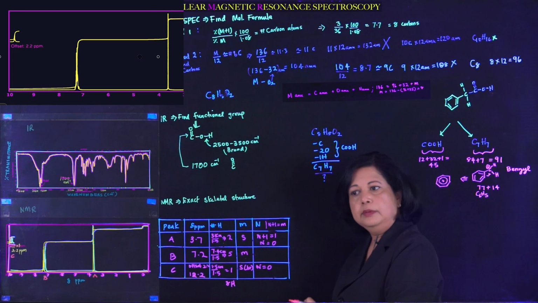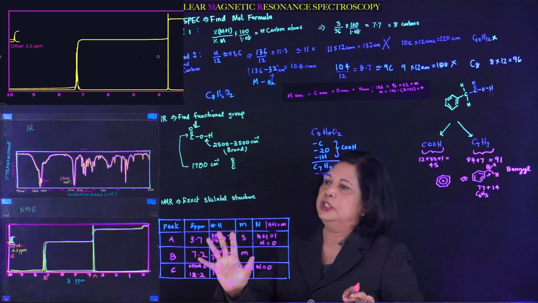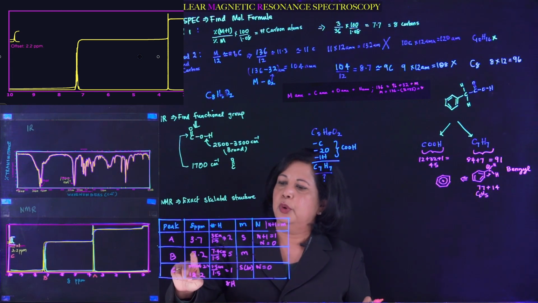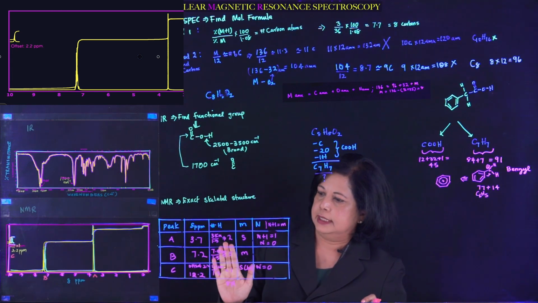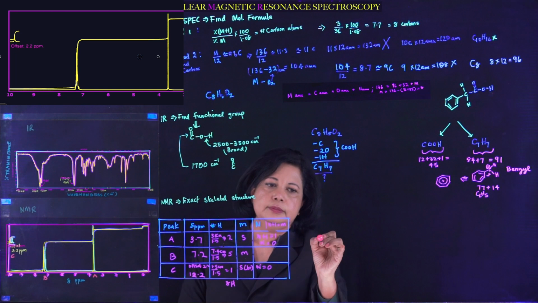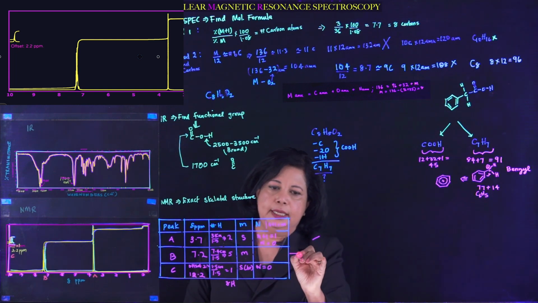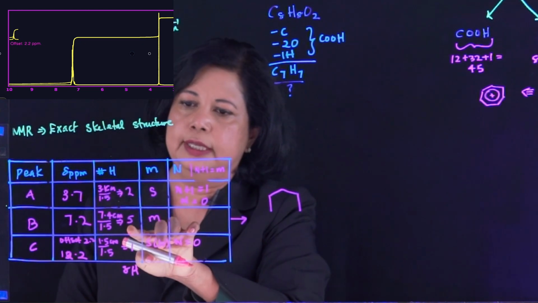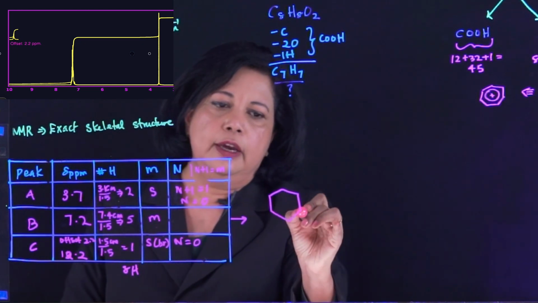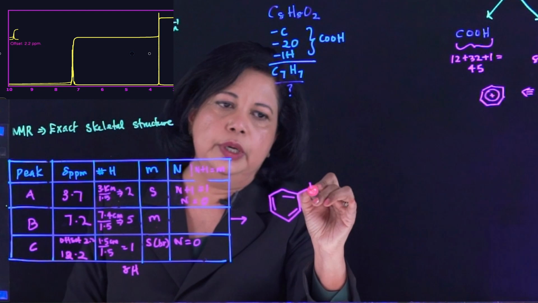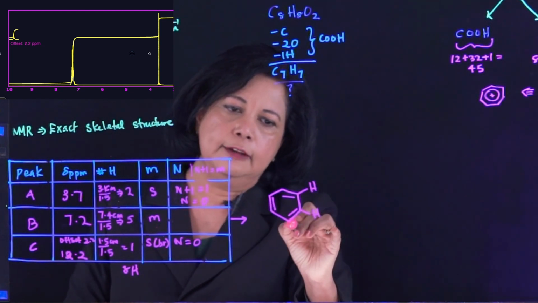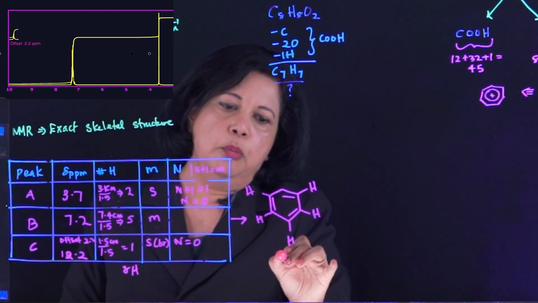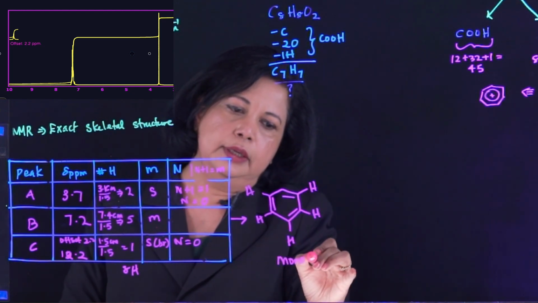So let's then put a structure together just based off of your NMR. You have a 7.2, which means you have a benzene ring. So this B would mean you have 5 hydrogens here, which means if you have 5 hydrogens, you only have 1 arm left to hold on to something, which would make you mono-substituted.